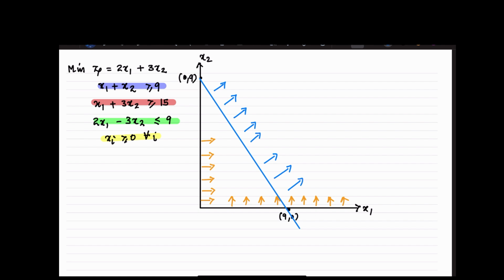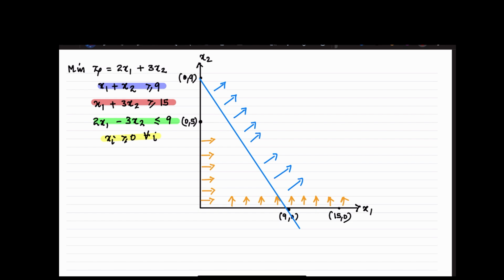Now we plot the red constraint. So for the red, put x2 as 0. So x1 is 15. So let's say this is 15 comma 0. Put x1 as 0. So x2 is 5. 0 comma 5. And we plot the red constraint.